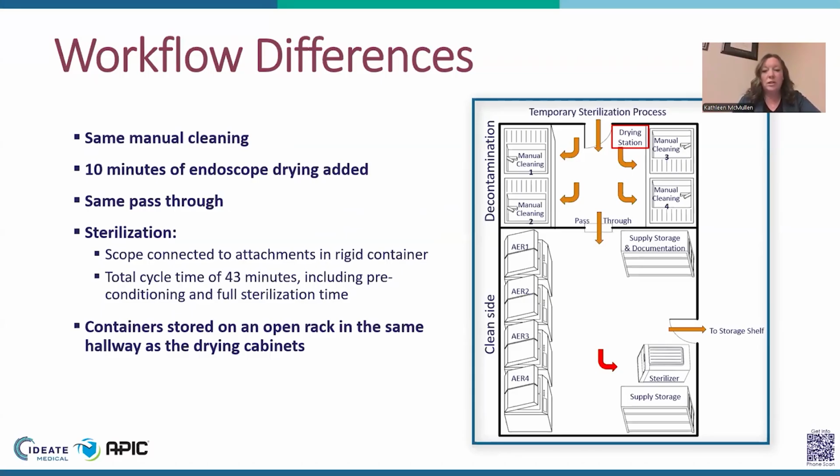For the sterilization technology, as mentioned, we need to do some drying before putting the scope into the casket to do the sterilization step with. And we thought it would be important to have that drying done over on our decontamination side, since the scopes had been decontaminated and cleaned, but not had any sort of disinfection. We didn't want to be blowing that air around the side where we still had some of our AERs working as well as that sterilizer.